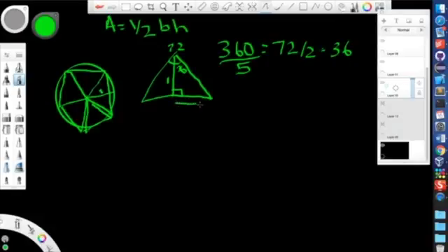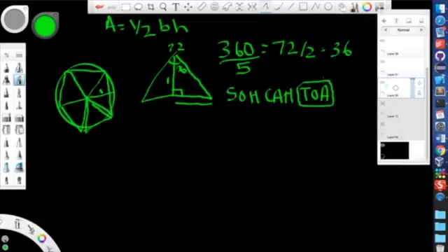Well, it'd be helpful to have the base so we can plug it into this formula up here. So let's find it out. We can find it out using the SOHCAHTOA method. And we're going to pick out TOA.